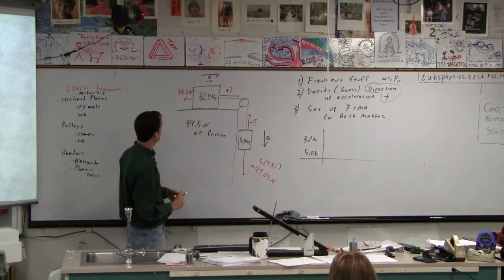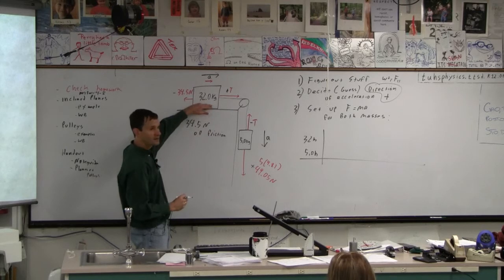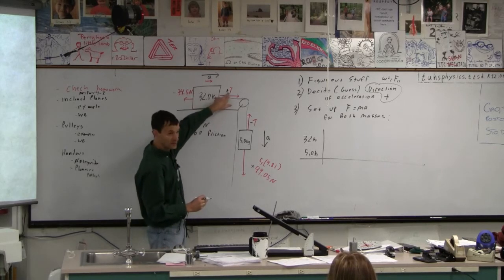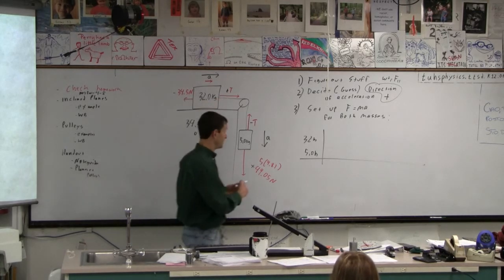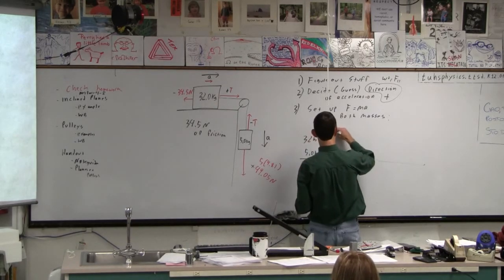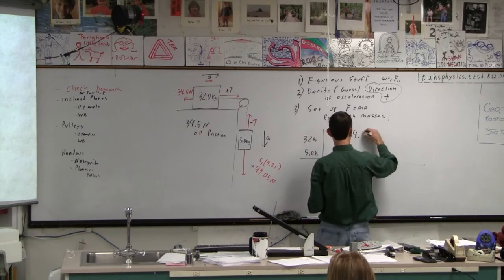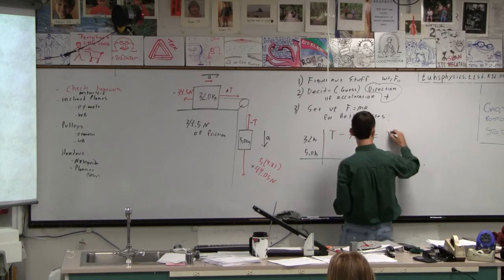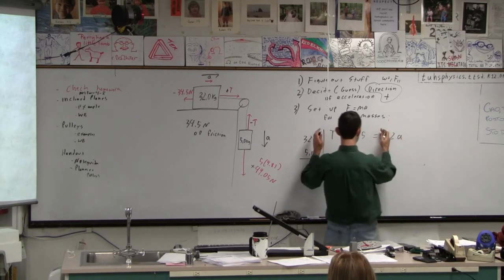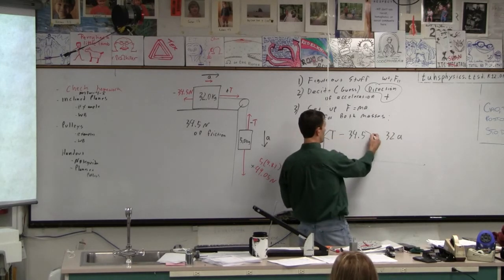For this block, which one's positive? The T is. And then it's minus 34.5. So we go T minus 34.5 equals 32a. So this is just Newton's second law.